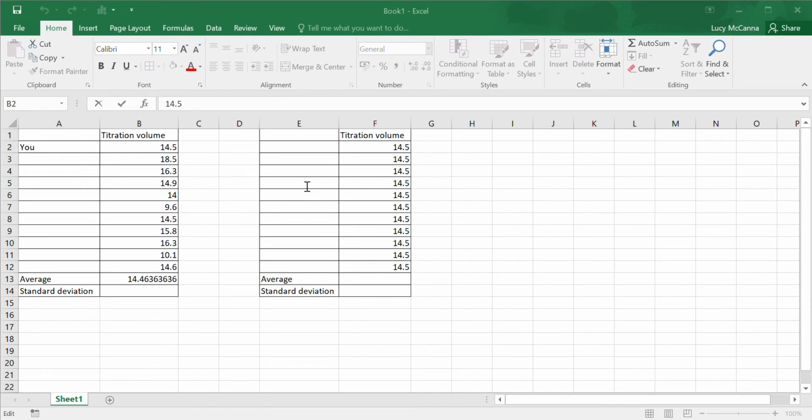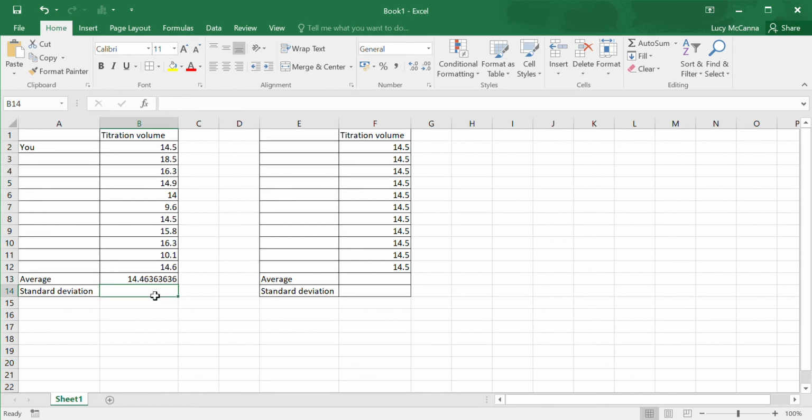You've compared your results with your classmates, and at least your result is in close agreement with the average. Not so sure about this person here at 9.6, or maybe this person at 16.3, but you could say that your result is in close agreement with the average value across the class, in terms of interpreting that.